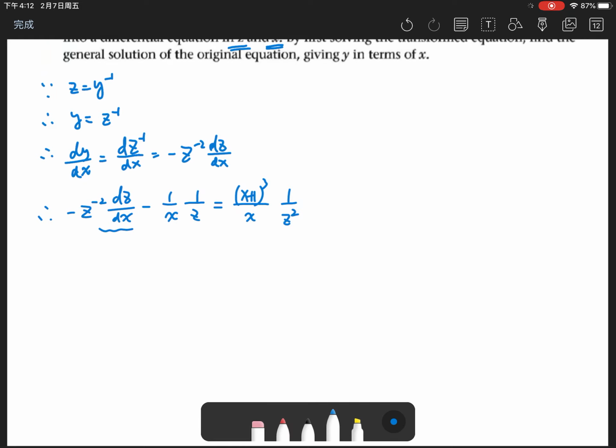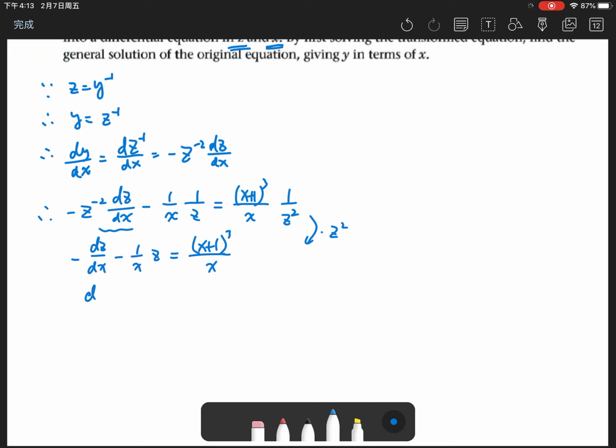And now let's simplify it. It is better to simplify the coefficient of dz by dx to be 1. So we multiply z squared on both sides first. It becomes negative dz by dx minus 1 over x times z equals, multiplying by z squared, x plus 1 to the power of 3 over x.